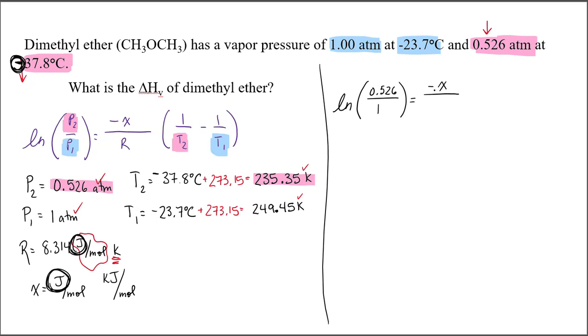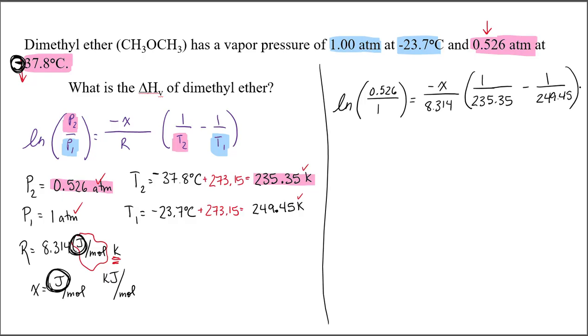That's really, really, really important. Divided by 8.314 times 1 over 235.35 Kelvin, minus 1 over, that's on the bottom, that means it's going to come in my second term, 249.45.